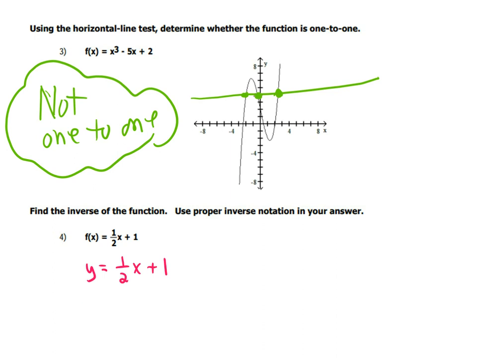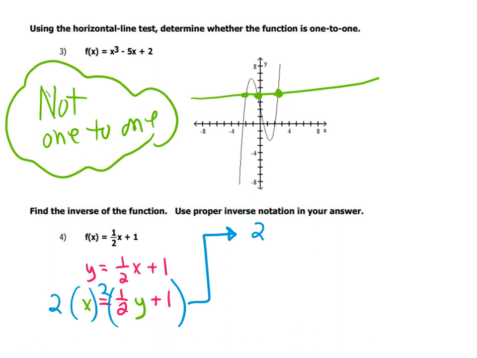Then you're going to put x where the y is and y where the x is. I'm just going to switch places. Then you're going to solve this for y. And because I've got a fraction in here, I'm going to multiply both sides by a 2 to clear out that fraction.